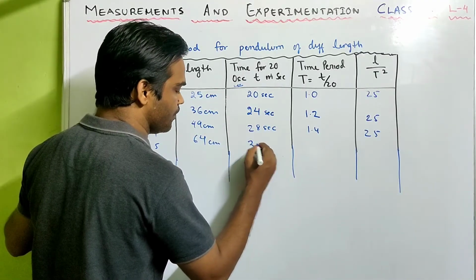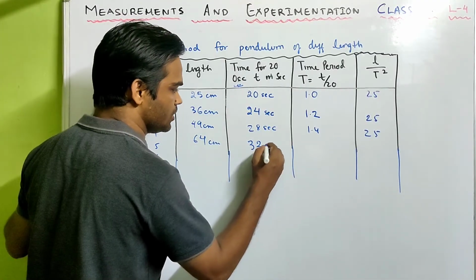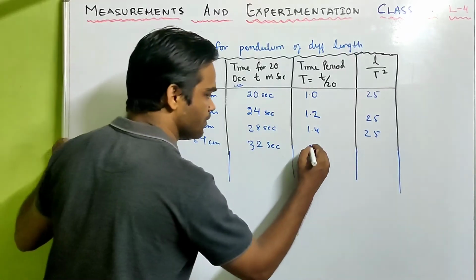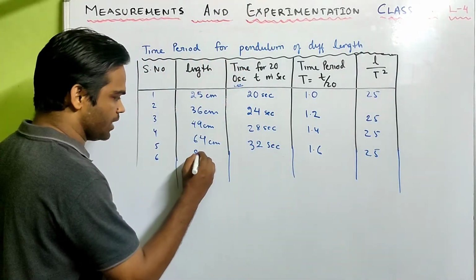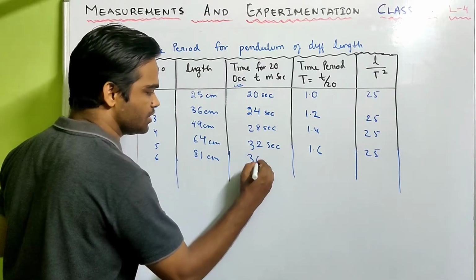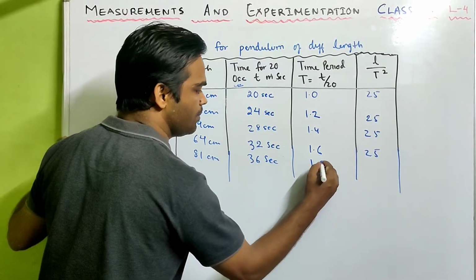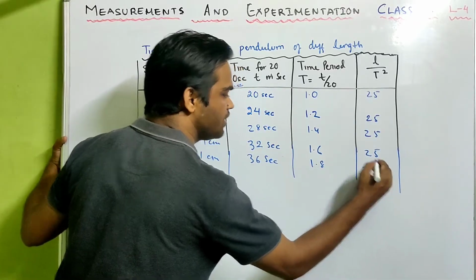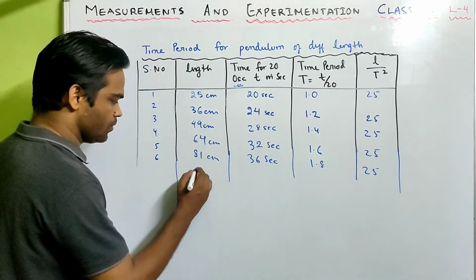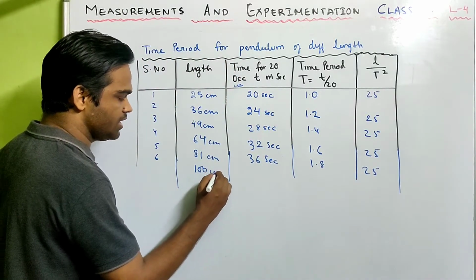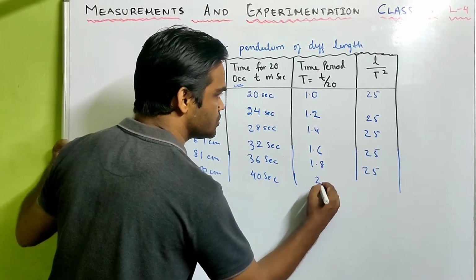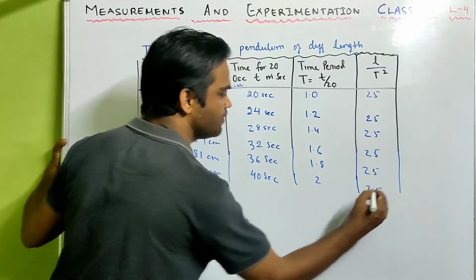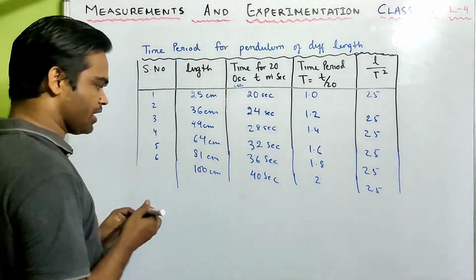Time for 20 oscillations is 32 second. This will be 1.6. This again is 25. We change it to 81 centimeter. This becomes 36 second. This is 1.8. This remains 25. We take the length, suppose, 100 centimeter. It's 40 second. It's 2. It's again 25.